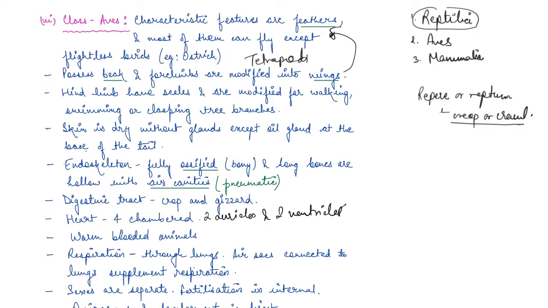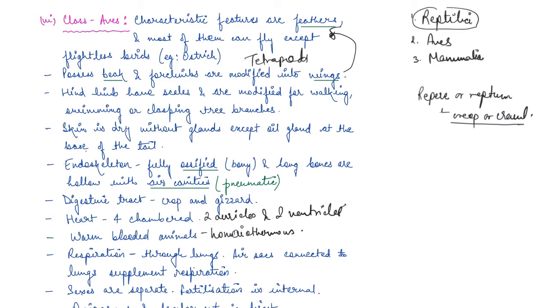Now these are warm-blooded animals. What are warm-blooded animals called? They are called as homeothermous. They are warm-blooded animals. It means that they are able to maintain a constant body temperature.